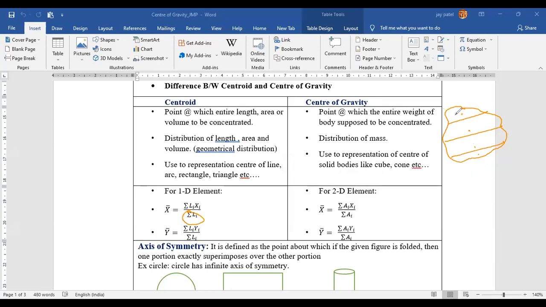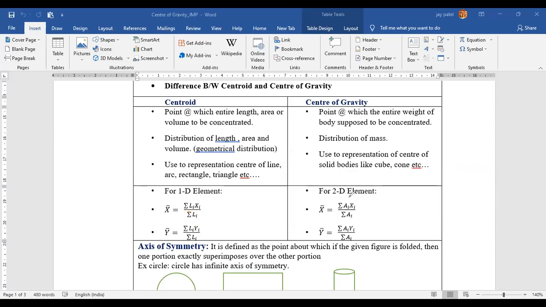Actually it is not 1D, लेकिन 1D consider कर दो. For example, this is your part number 1, उसका कुछ length होगा. Consider this is your part number 2, उसका कुछ length होगा. This is your part number 3, उसका कुछ length होगा. This is your part number 4, उसका कुछ length होगा. That means we have 4 different lengths: L1, L2, L3, L4. So what is summation L? Summation of all the lengths. Is it clear or not? Please confirm. Fine, चलिए.